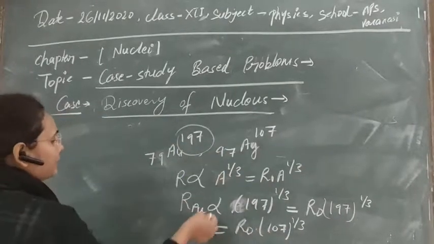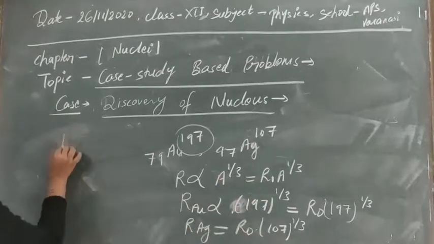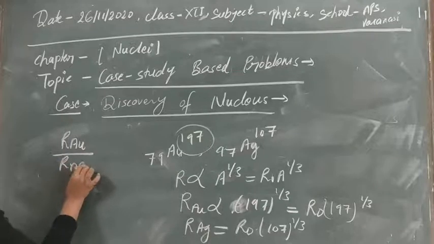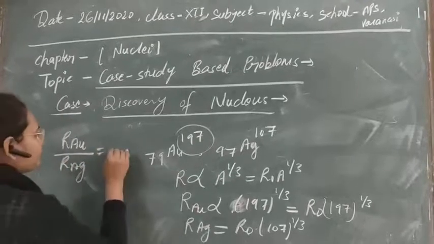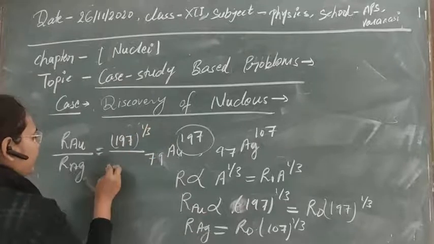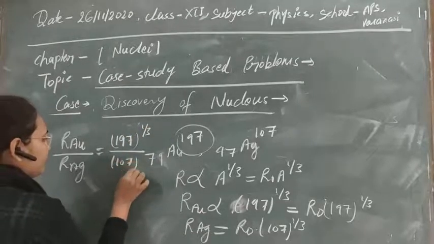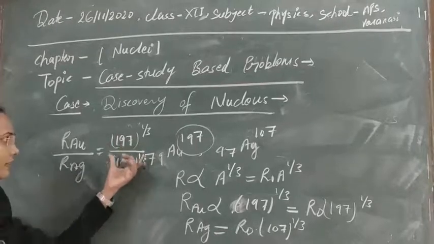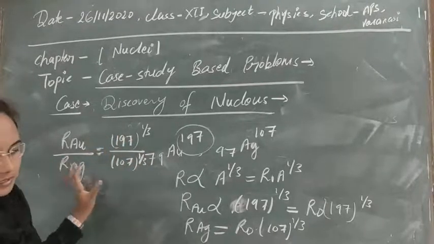And after that let's take its ratio. What is the ratio? R gold upon R silver will be equal to 197 power 1 by 3 upon 107 power 1 by 3. Now you can solve it easily and find out what its ratio will be.